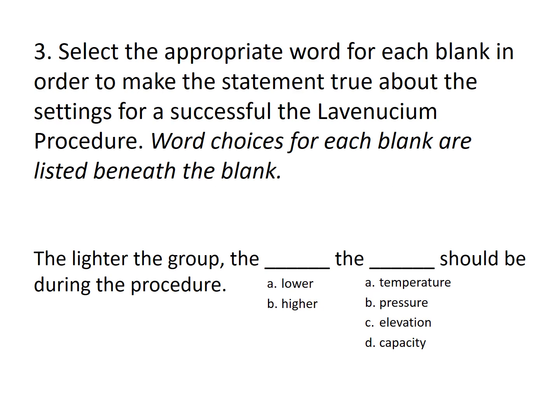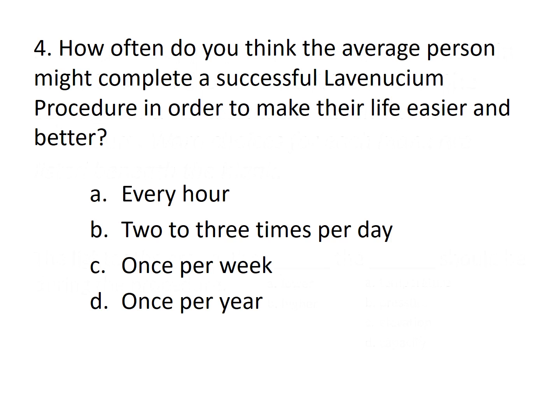Number 3, select the appropriate word for each blank in order to make the statement true about the settings for a successful Lavanusian procedure. Word choices for each blank are listed beneath each blank. And finally, item number 4. How often do you think the average person might complete a successful Lavanusian procedure in order to make their life easier and better?